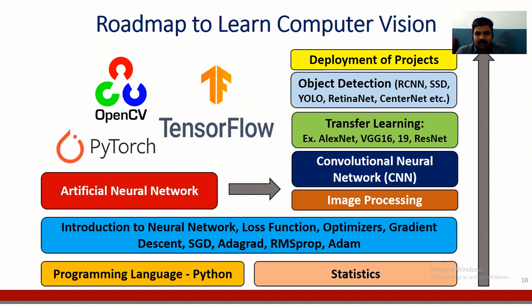OpenCV is what we used in the initial days, and OpenCV can also be used for this kind of image processing technologies. But in my project, I am using the TensorFlow concept. TensorFlow libraries make the tasks very easy, and they can be easily understood.